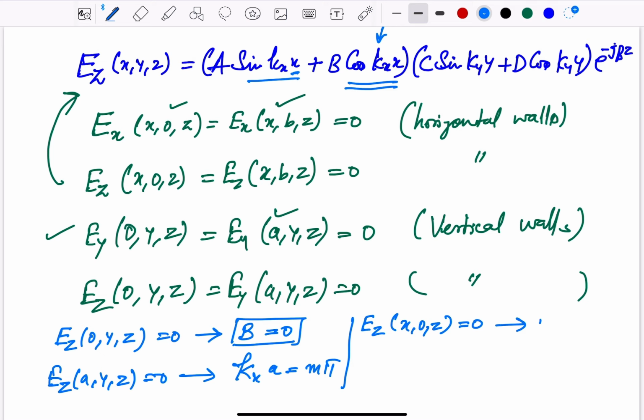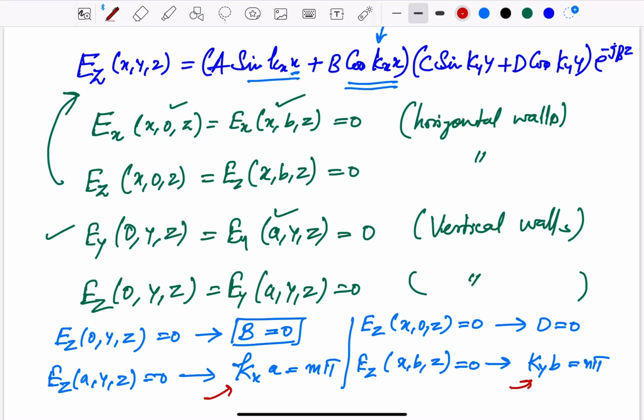So this will give you D is equal to 0, and when you apply the boundary condition at x = a, b, z is 0, so this will give you k_y b = n pi. It's the same kind of thing we got last time for the TE mode. So here basically this kx and ky are identical for the TE mode.